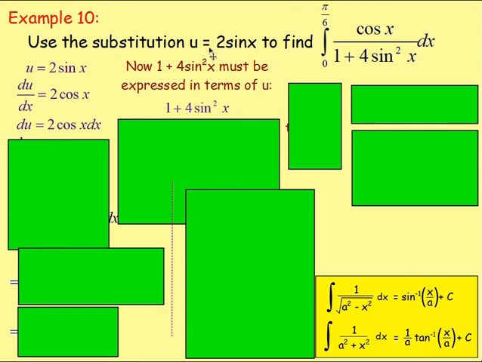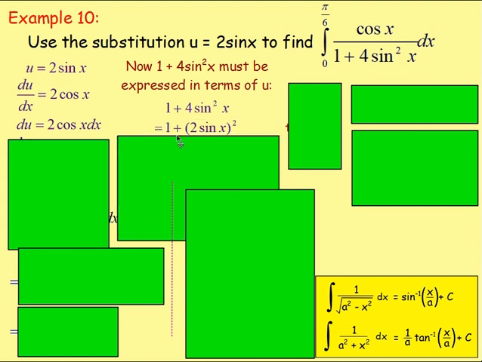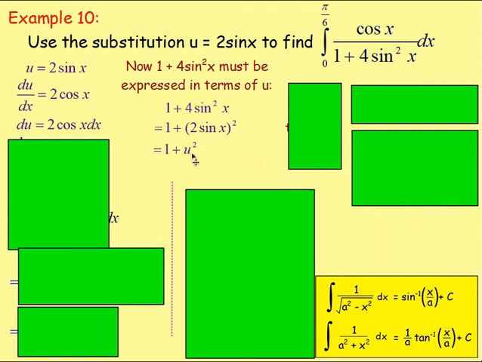So if you square 2 sine x, you will get 4 sine squared x. So this becomes 1 plus (2 sine x) squared, and you can replace this 2 sine x with u. So the bottom line will be 1 plus u squared.